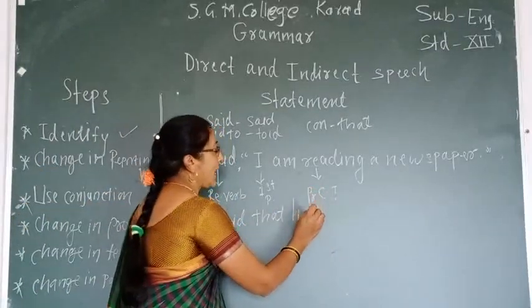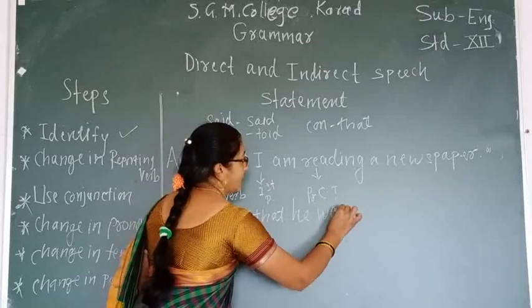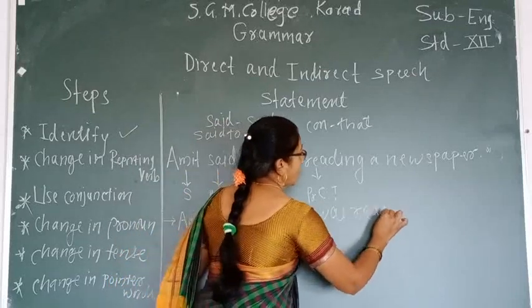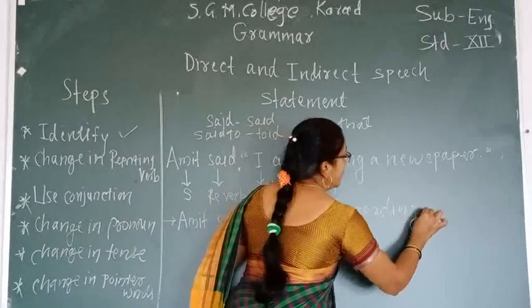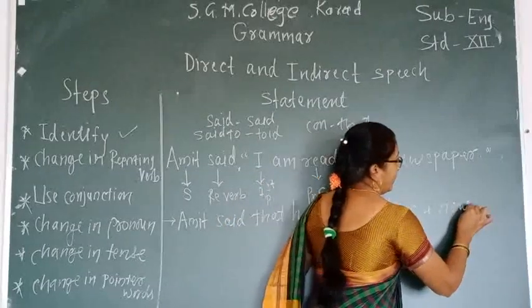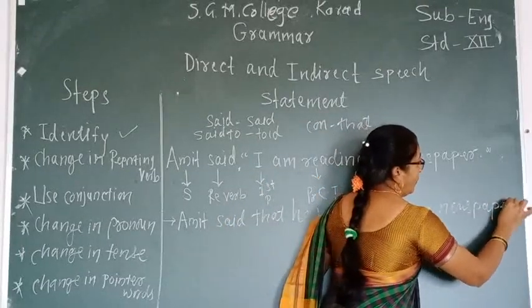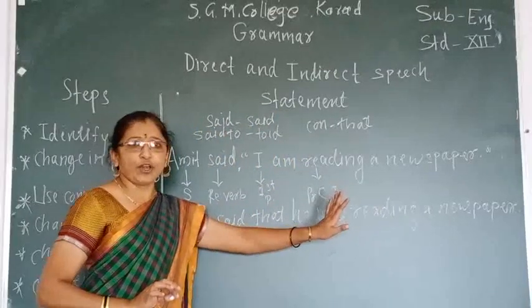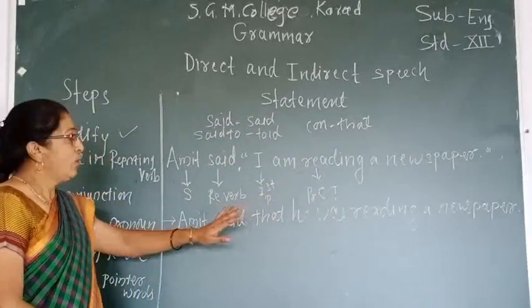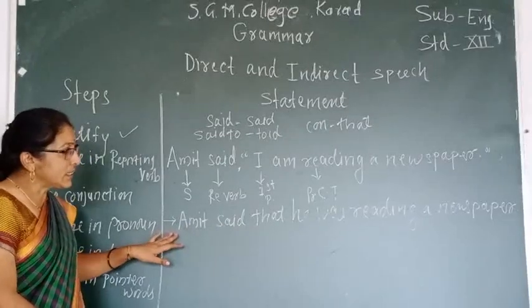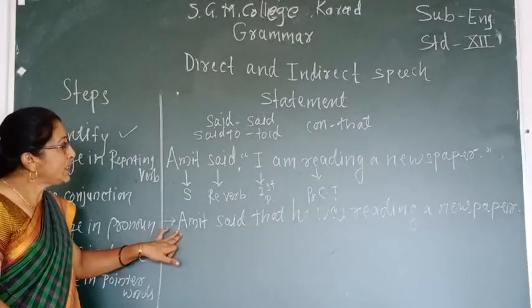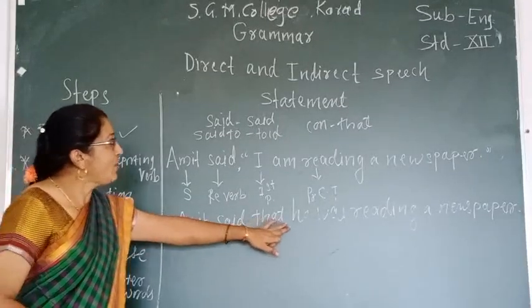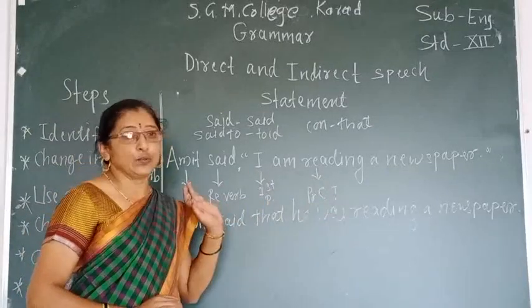So we will write was reading a newspaper. Full stop. In the sentence there is no pointer word. Now look: the final sentence in indirect speech is Amit said that he was reading a newspaper.